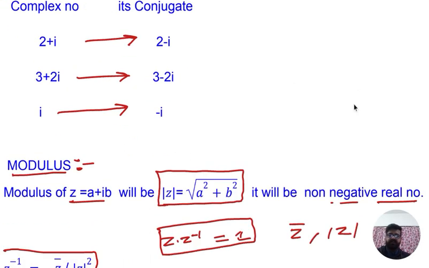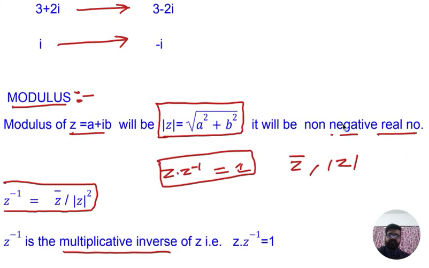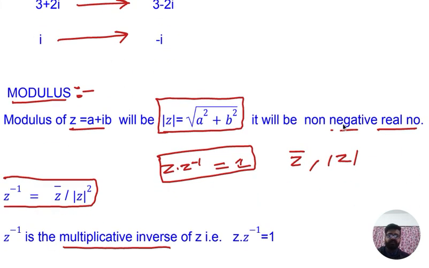Now we learned how to find the modulus, and now we use both terms, modulus and conjugate, to find this multiplicative inverse. So this was the use.